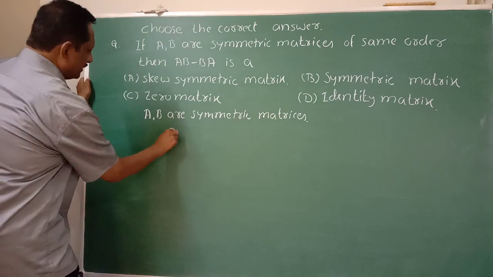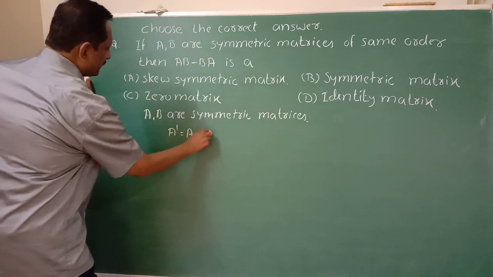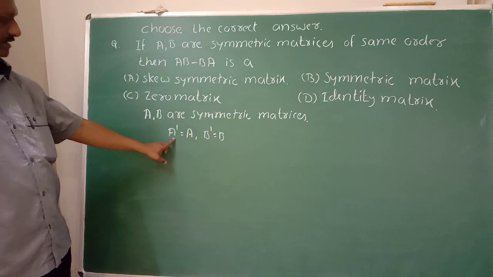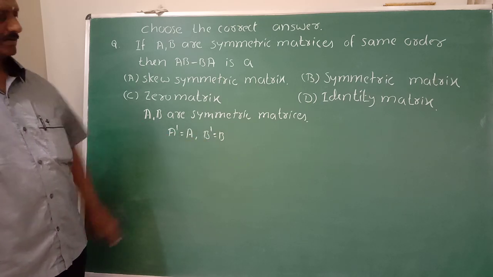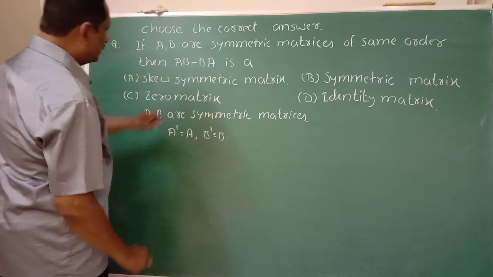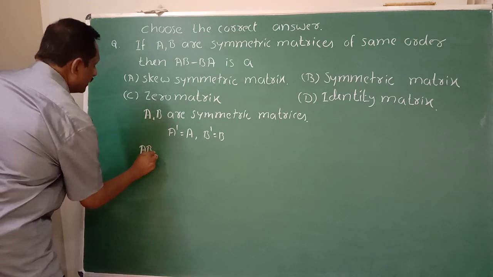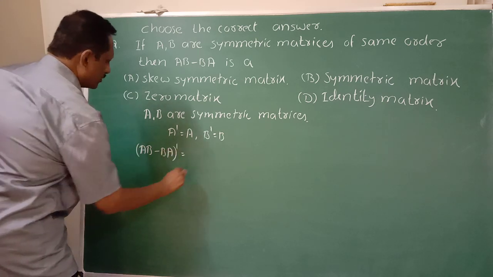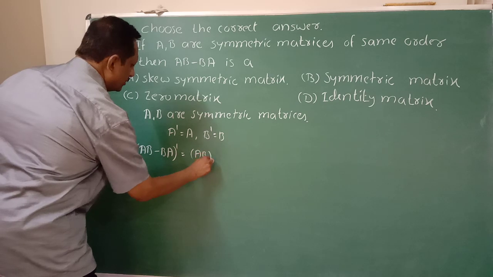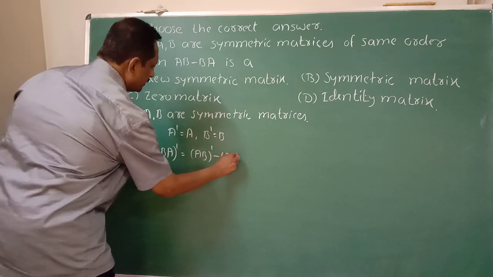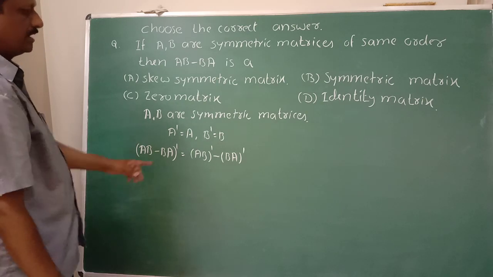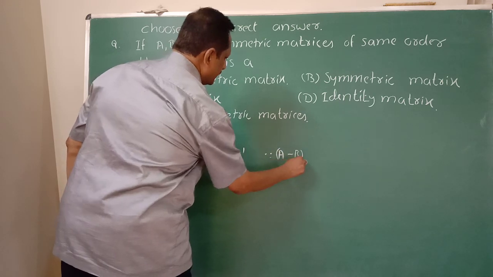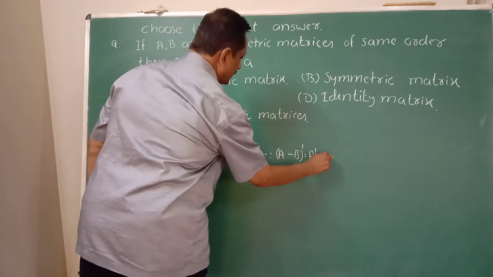Therefore, by definition, A dash is equal to A and B dash is equal to B. A and B are symmetric. Now take AB minus BA whole dash. So (AB minus BA) whole dash is equal to AB dash minus BA dash, by the property that A minus B whole dash is equal to A dash minus B dash.